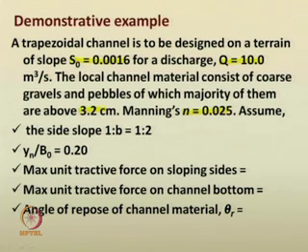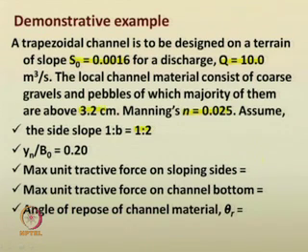You can assume the side slopes 1:b as 1:2 initially. You can also suggest the ratio y n by b 0 is equal to 0.20.